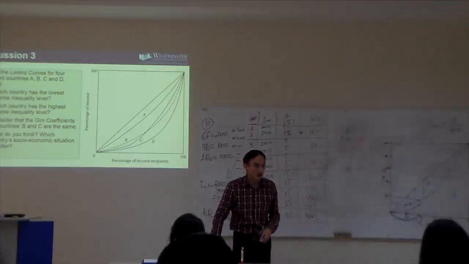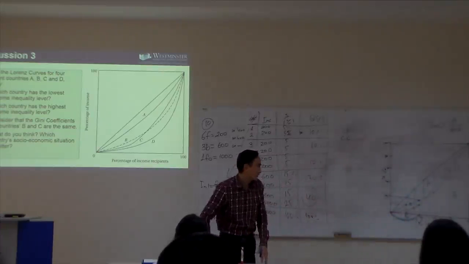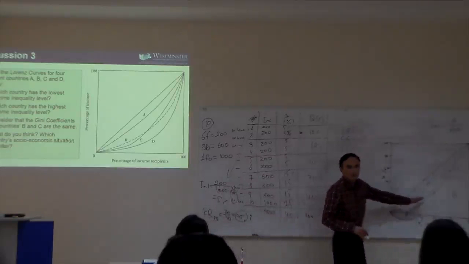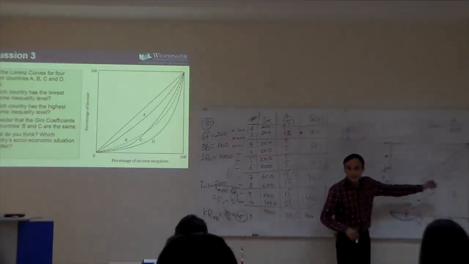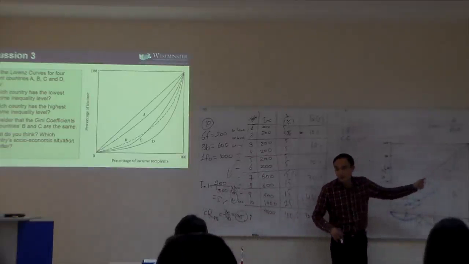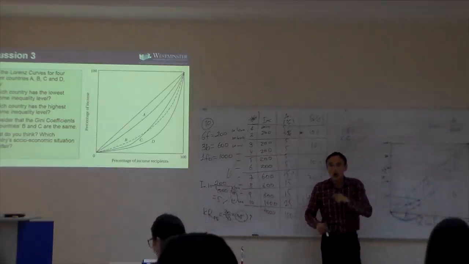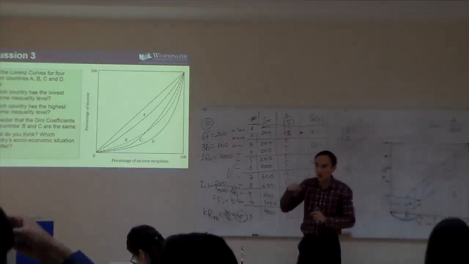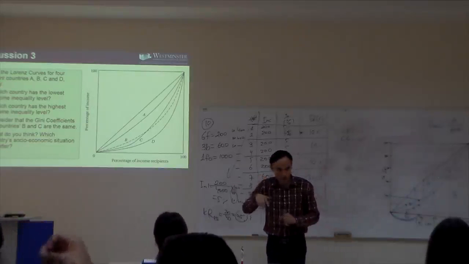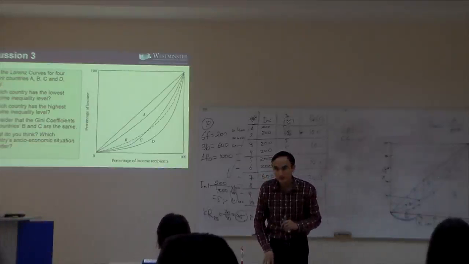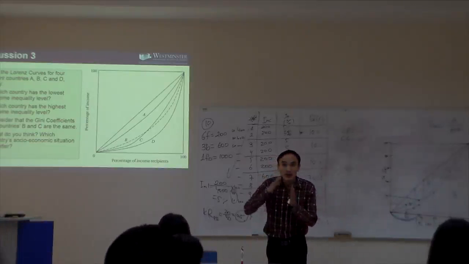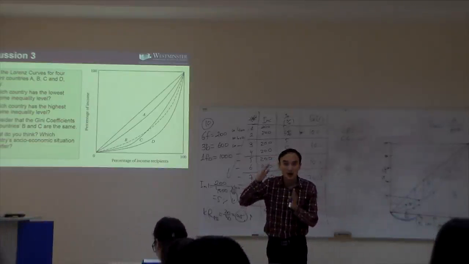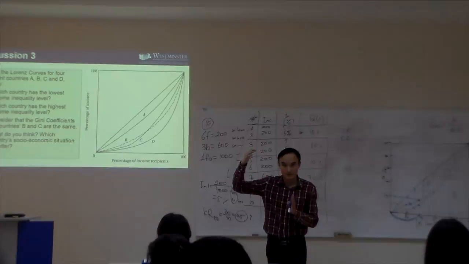But if you ask an economist, maybe they will say C. Why? Because who contributes the most to the economy or to economic growth? Rich people, the middle class and high middle class income earners.